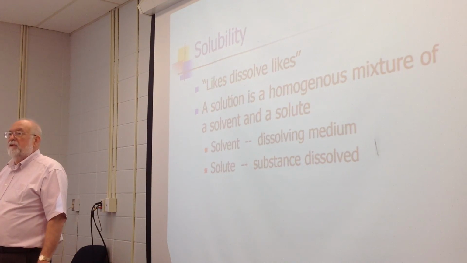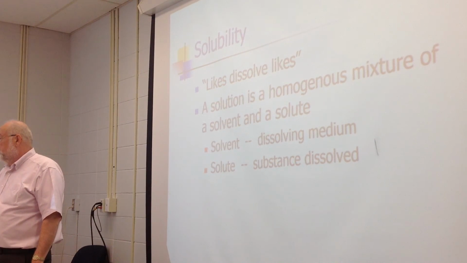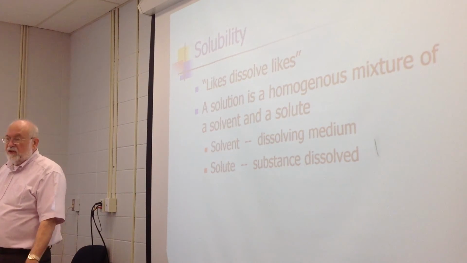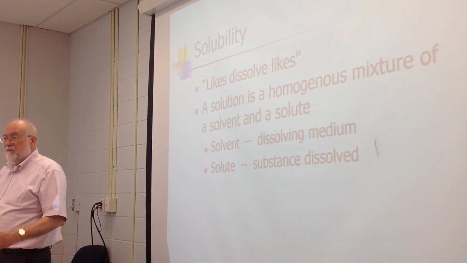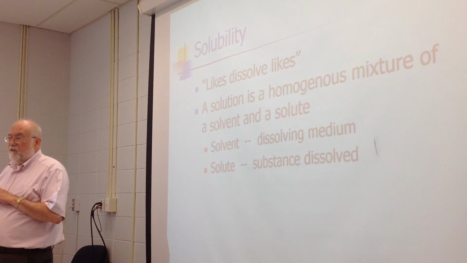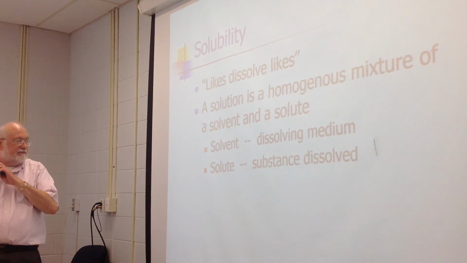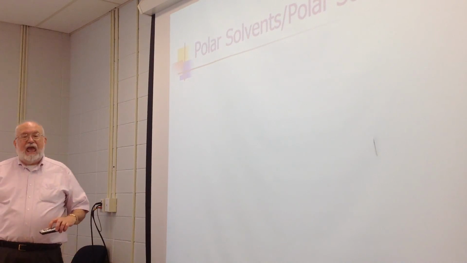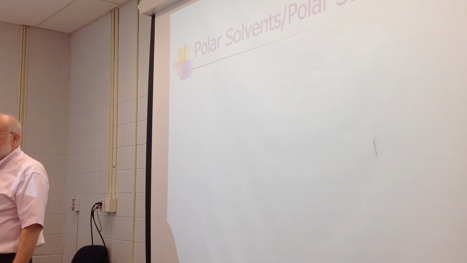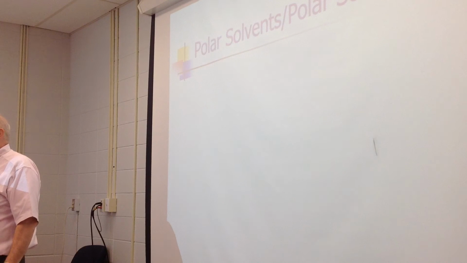Water. What would be the solute? Yes, the salt or the sodium chloride. All right? Now, you know that forms a solution, right? You know that. You've probably done it lots of times. Now, that's where we'll pick up Tuesday. We'll take a look at polar solvents and polar solutes and see what happens when we mix them together.